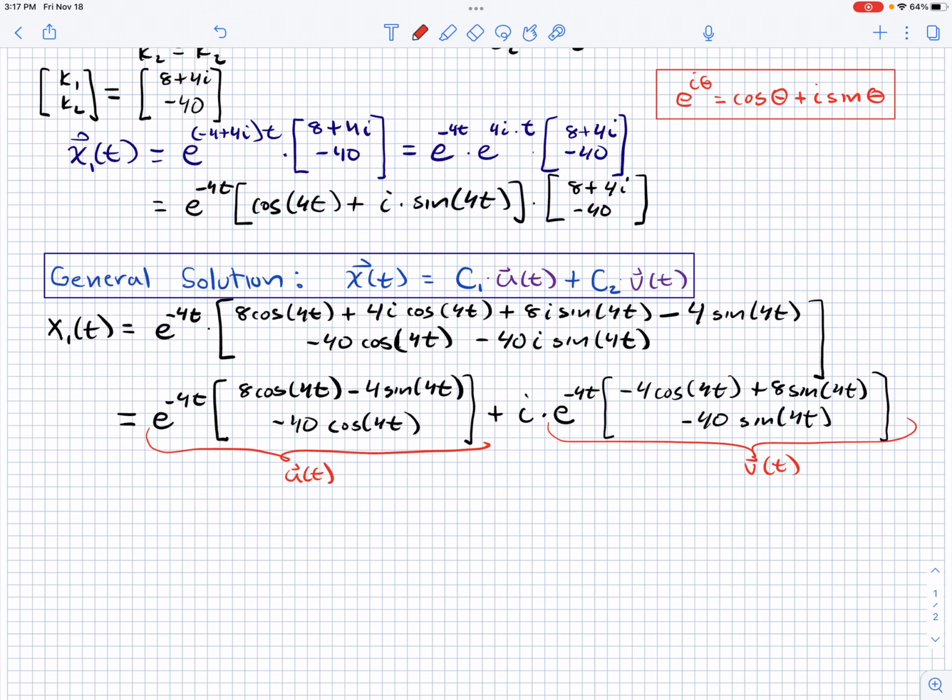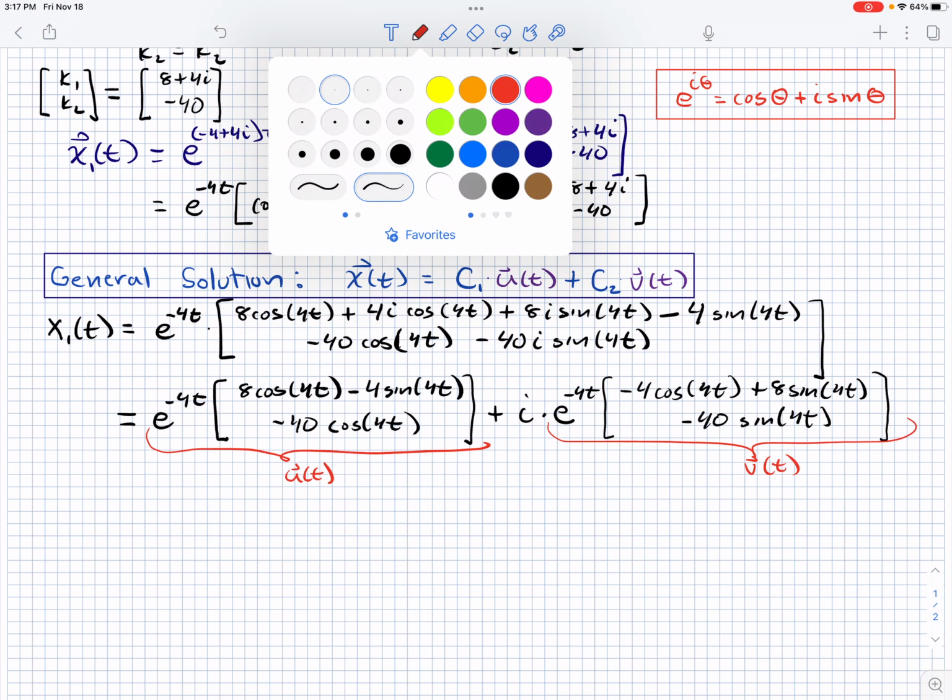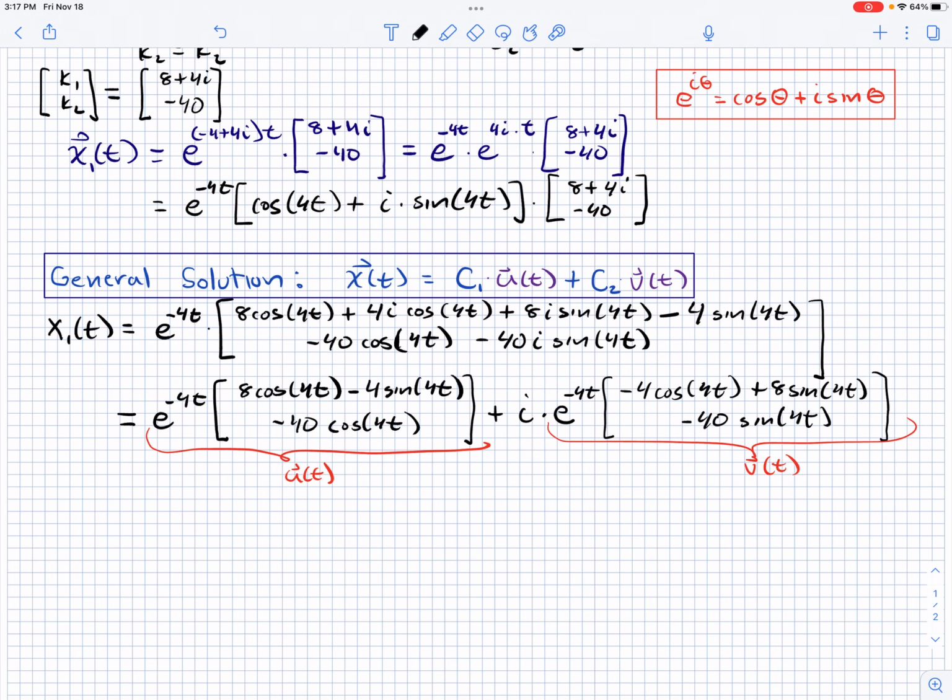And we can then write that out as our general solution.